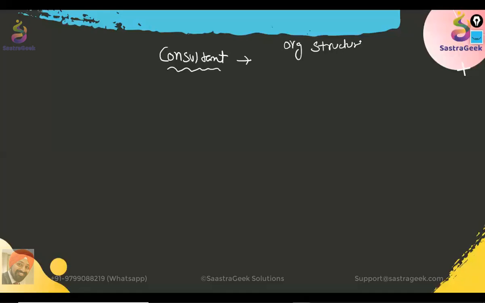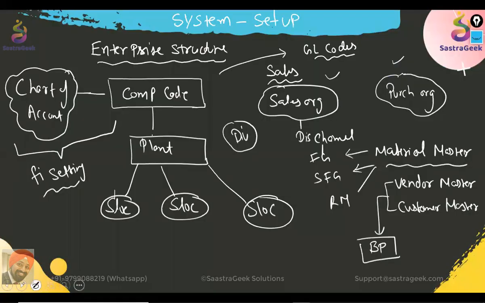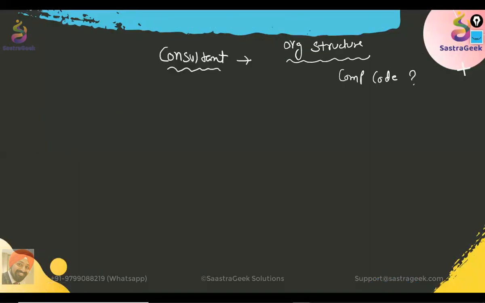So first we explain the org structure, or enterprise structure, what is required by SAP, which requires a company code. What is a company code, and what it will do, will be explained by your functional consultant. But how many company codes are required?